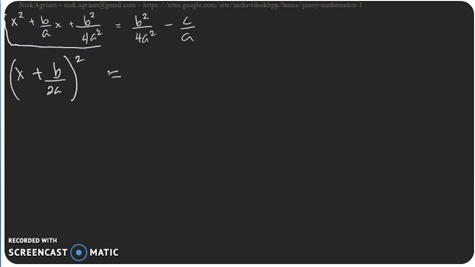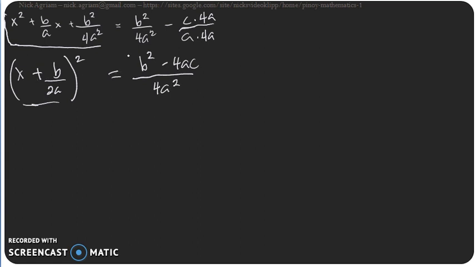If you have doubts on that, you need to multiply it out, and I hope you will get the left-hand side. And if we expand the right side by multiplying by 4a, numerator and denominator, then we have b squared minus 4ac divided by 4a squared.